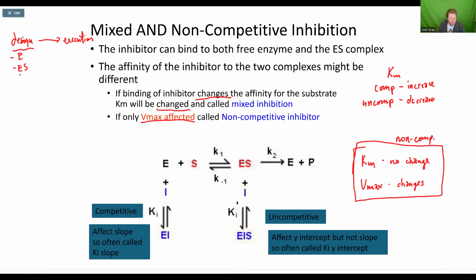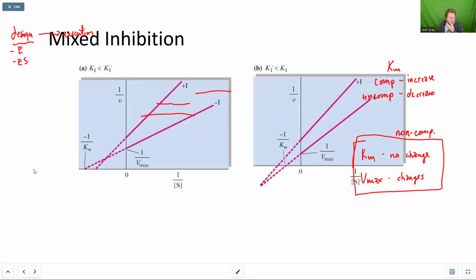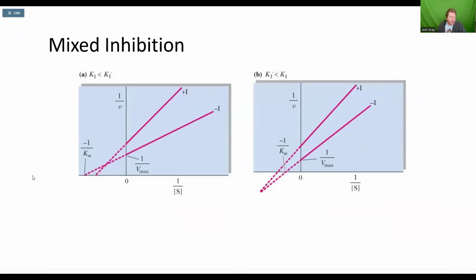So when we go on to this next slide, we're going to clear out all our drawings. These two plots right here, what do they show? You can look at these two plots and be asked the question, independent of the label on there, is this a non-competitive inhibitor?